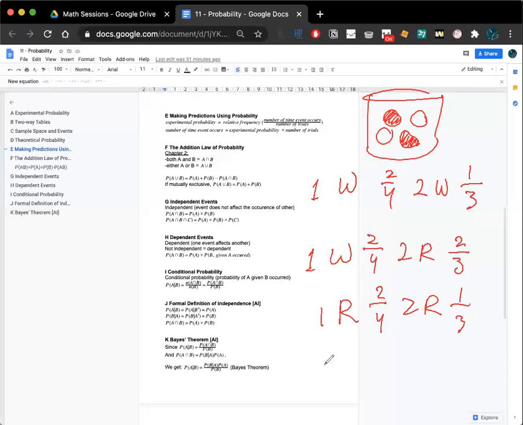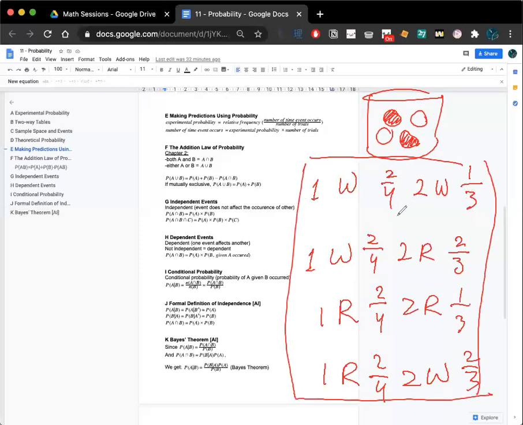This is going to be 2/3. So yeah, the first result affects the next result. And that's what you call dependent events.